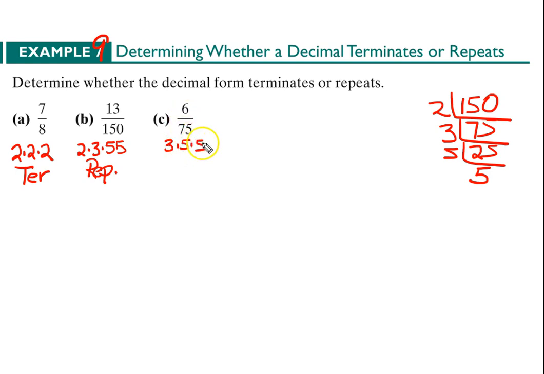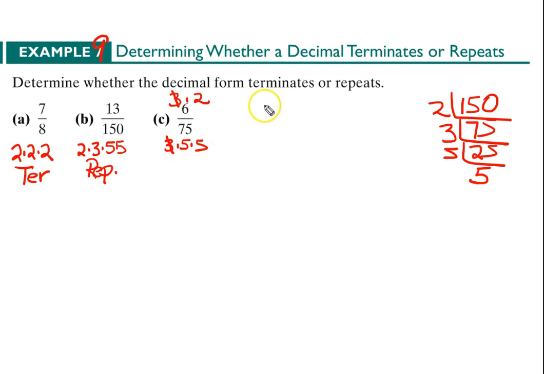Now this one's a little tricky, because when I did the 75, I got 3 times 5 times 5. But is this fraction in its simplest form? And the answer is no. There's a 3 times 2 up there. So one of these 3's are going to cancel out.